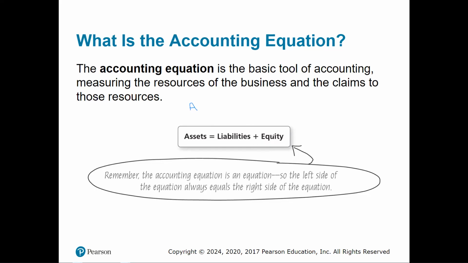So if we subtract equity from either side, then we would have assets minus equity on this side. And because we already had equity here, liabilities plus equity minus equity equals just liabilities, right? So we can calculate what a liability number would be if we have the total assets and the total equity by doing that.